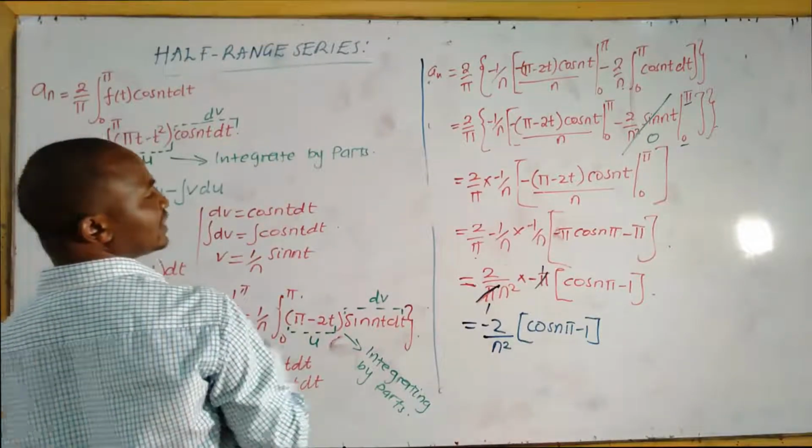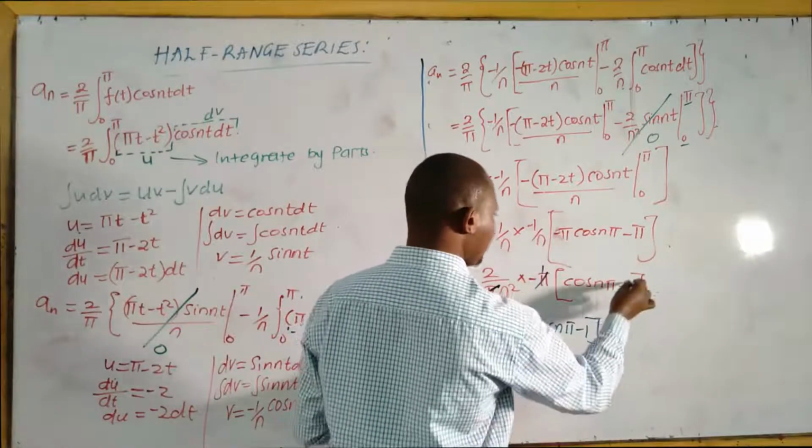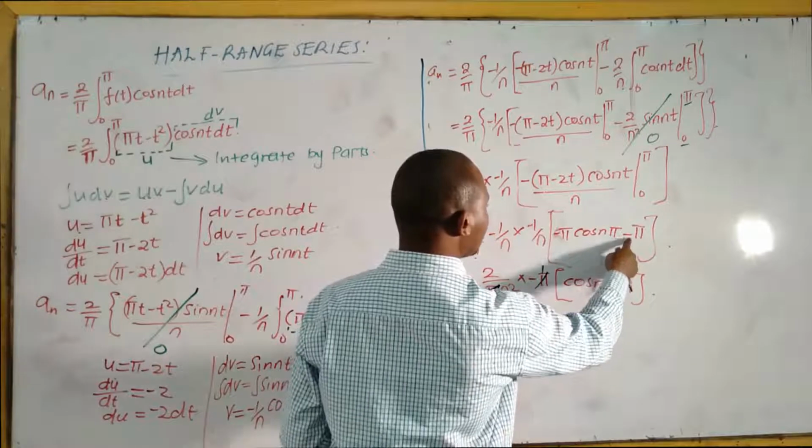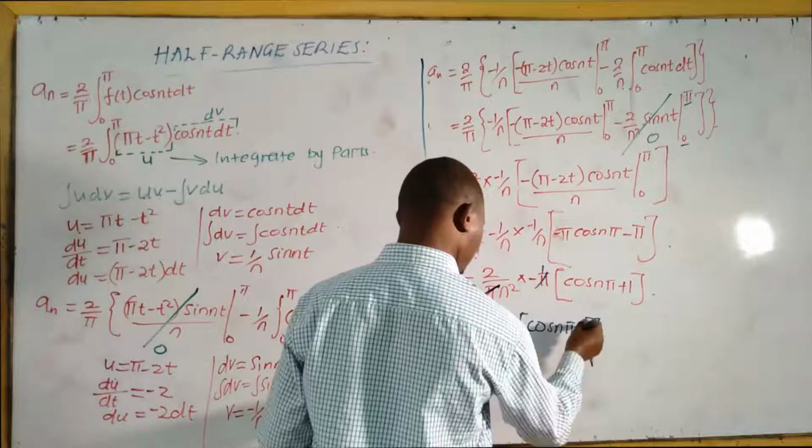If I factor out the negative pi, it leaves me with a positive here. Because I factored out the negative pi here, it should leave me with a positive. So this is positive.